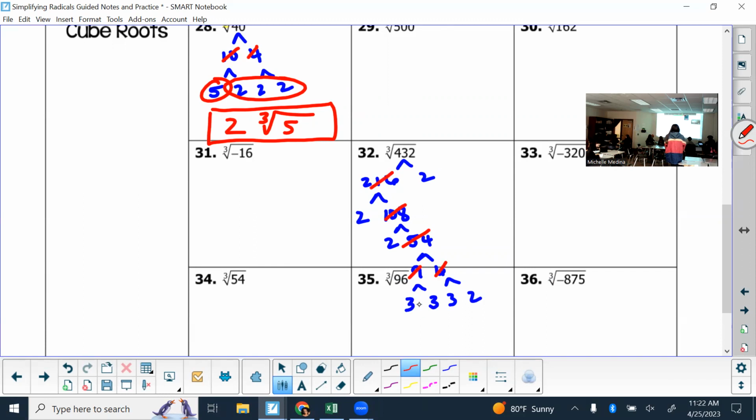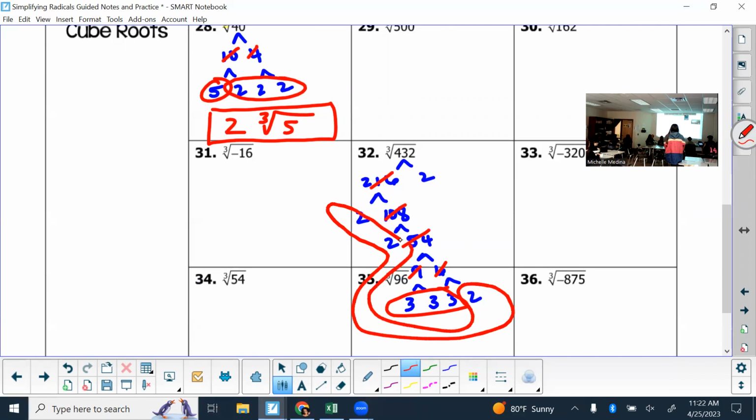Only looking at the prime numbers, do I have any triples? A triple of what? Triple of 2s there, right? And then I have 1 2 that is left over. So now you have to know where they go. Where does the leftover 2 go?